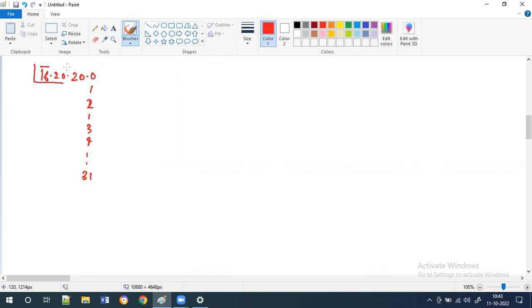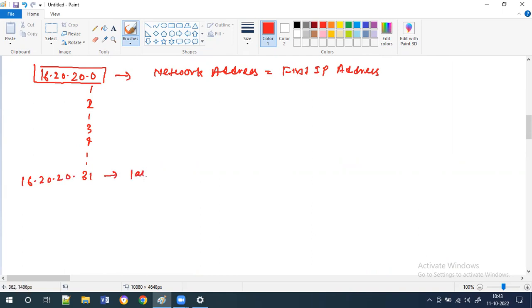So this IP address is the network address, or first IP address, and 16.20.20.31 is the last IP address, and this is called the broadcast IP address.